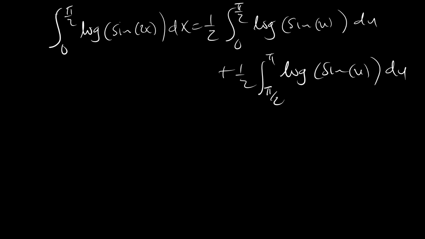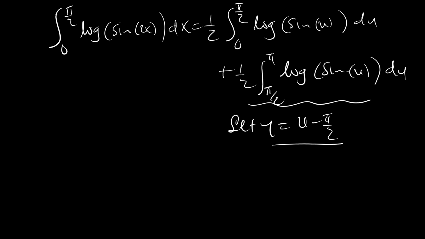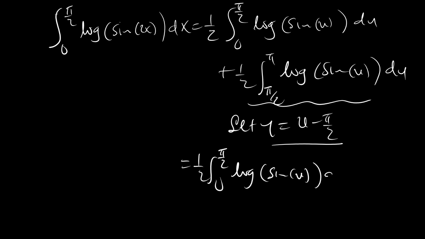So when we bring back, say, let y equal u minus pi over 2, this integral becomes a half log of sine of u plus a half, with limits pi over 2 minus pi over 2 is 0, pi minus pi over 2 is pi over 2, log of sine of y plus pi over 2 dy, since u is y plus pi over 2.